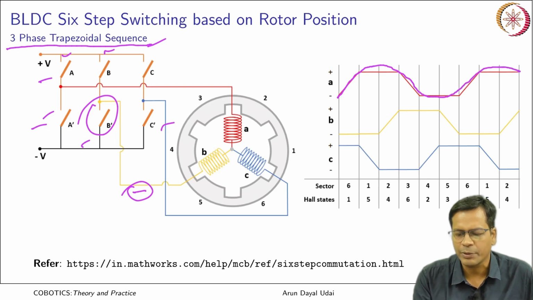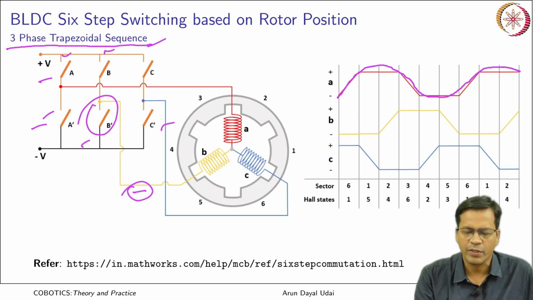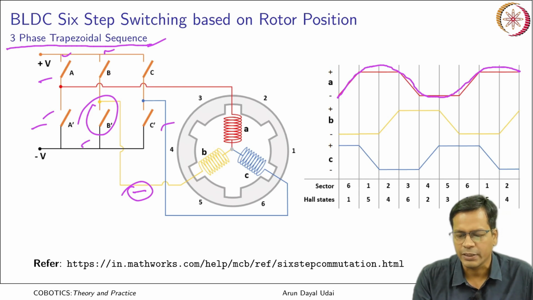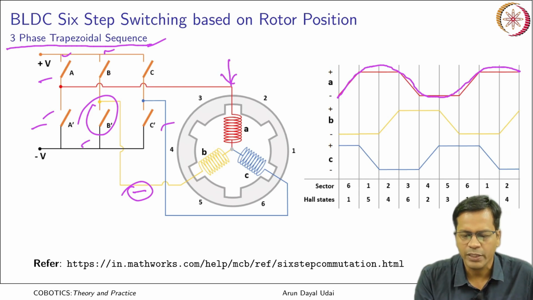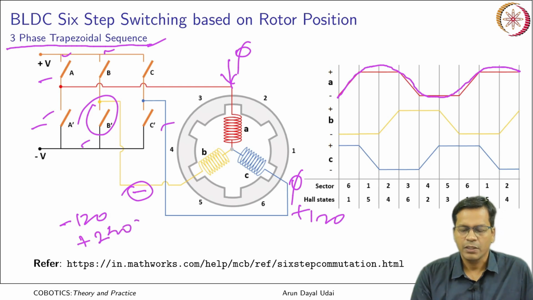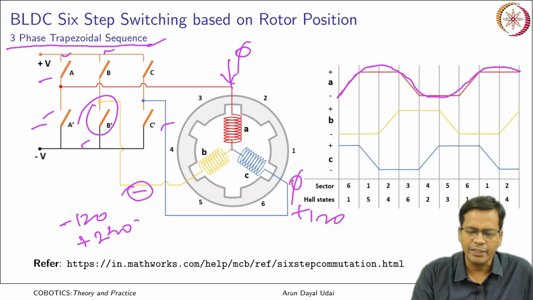It is actually a trapezoidal signal with a phase difference of 120 degrees. So if this has a phase of φ, this has a phase of φ plus 120, this has a phase of φ minus 120 or plus 240. Got it? So this is how these 3 phases will create a rotating magnetic field in the coil.